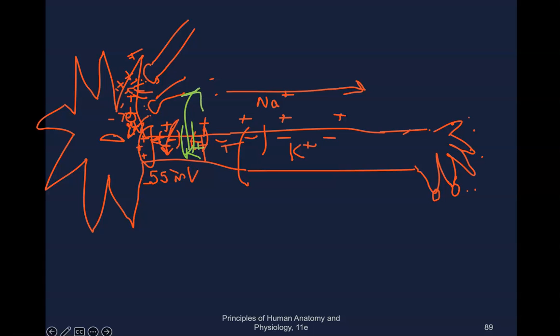And as that potassium rushes out, we have positively charged ions leaving, returning the interior of the membrane to be more negative. And that is our repolarization phase of the neuron. That's going to happen all along that axon following depolarization at each of these sections.